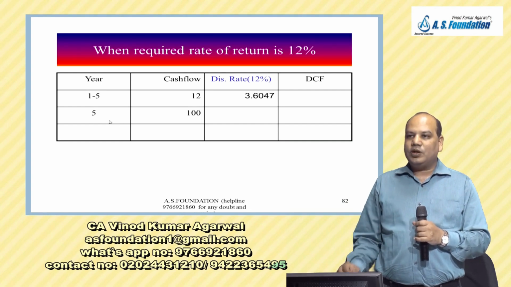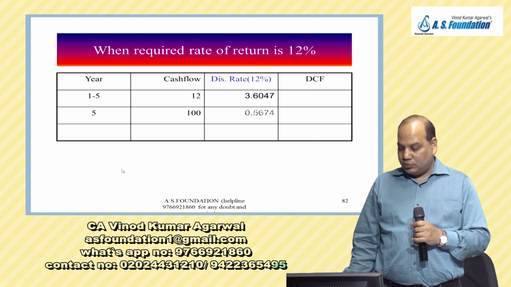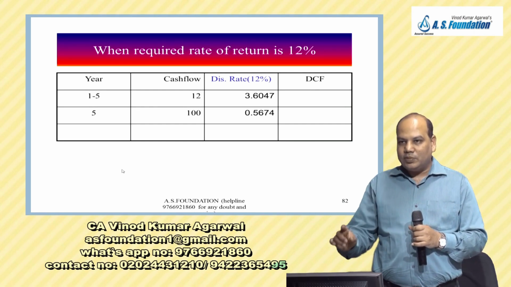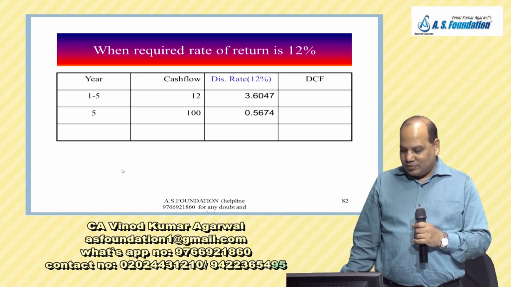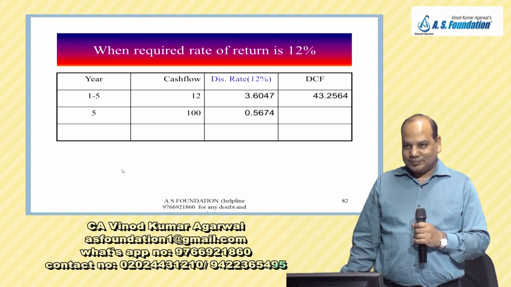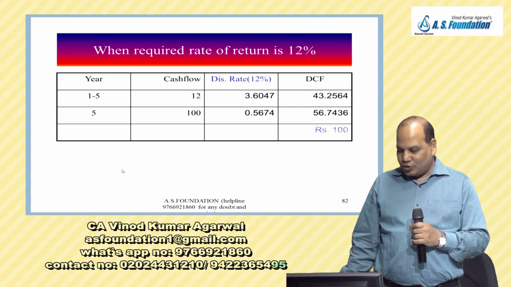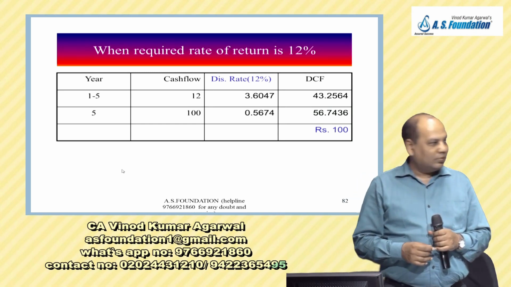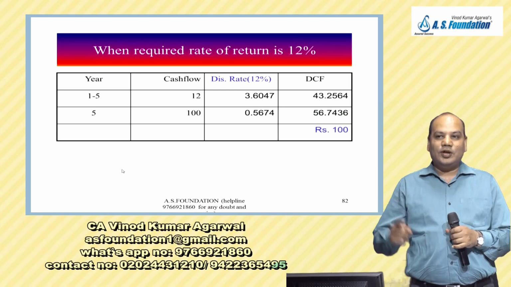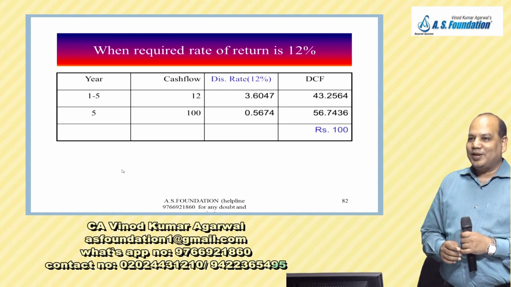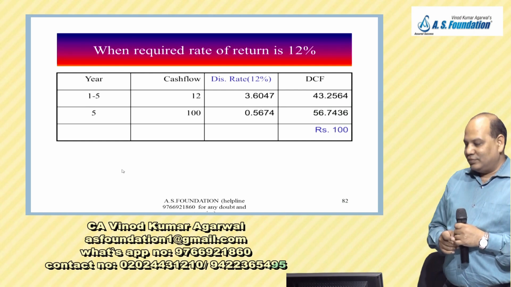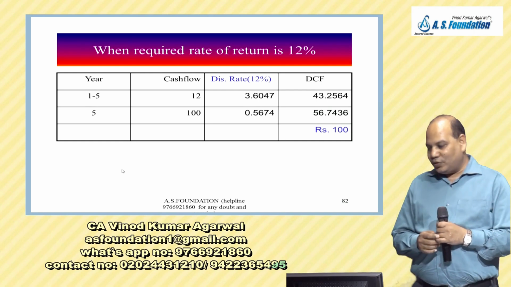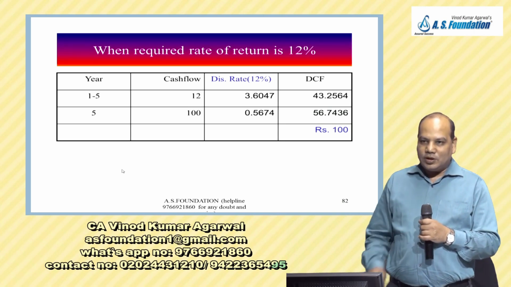And for fifth year only 0.5674. Very good. Multiply. Take total. So it should be 100. Make it 100. Even if it is not 100, make it 100 because discount rate and coupon rate are same. Redemption is at par. So therefore, the answer should be 100 rupees.